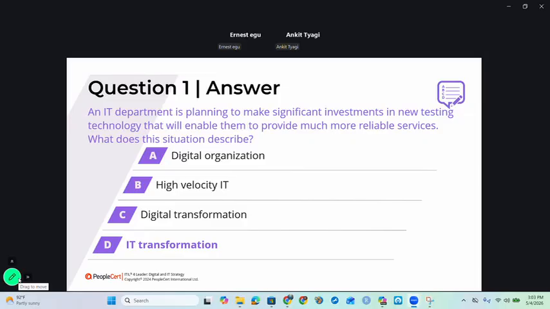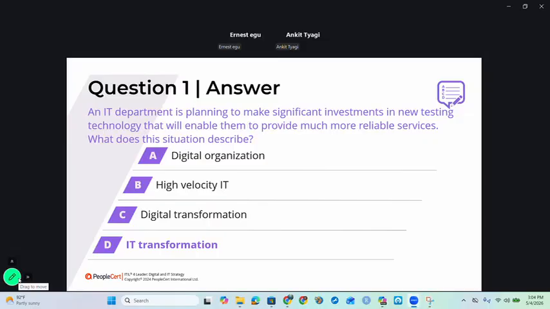Well, you remember when we were talking about the IT strategy and the digital strategy, we did talk about the enablement projects that the IT can run. Of course, it needs to be in alignment with the overall business strategy for sure. But since they are not defining it specifically in the question, we need to consider this as an IT transformation. They may be running a project to implement the new testing technology that can help them deliver more reliable services to the customers.